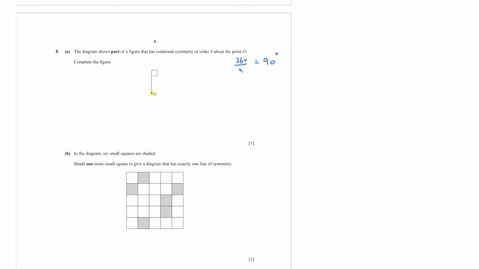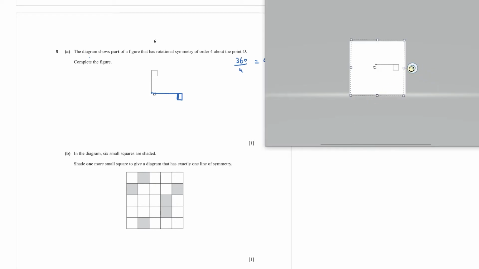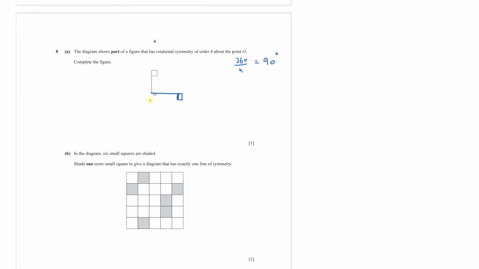So starting here, moving right, and the flag is pointing downwards. Something like this. And then if I rotate it another 90 degrees, which is this, now I have it pointing downwards and towards the left. So what I'll do here is I'll draw it pointing downwards and the flag is towards the left.